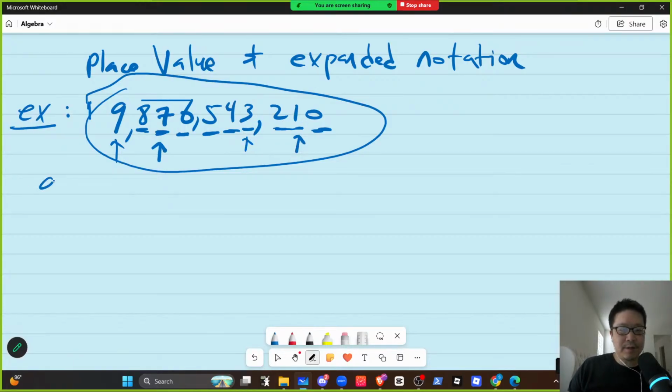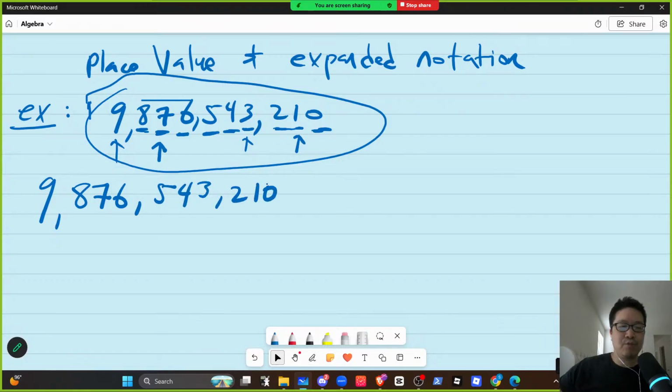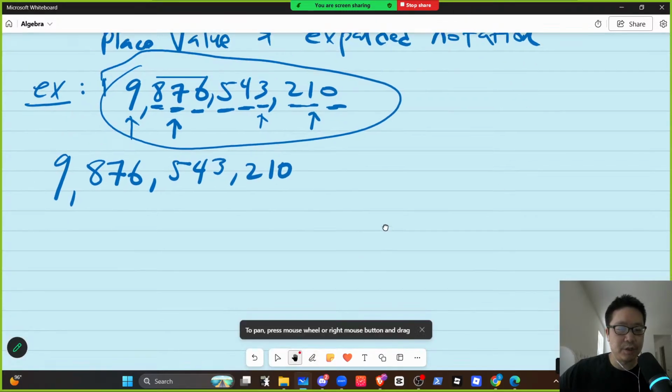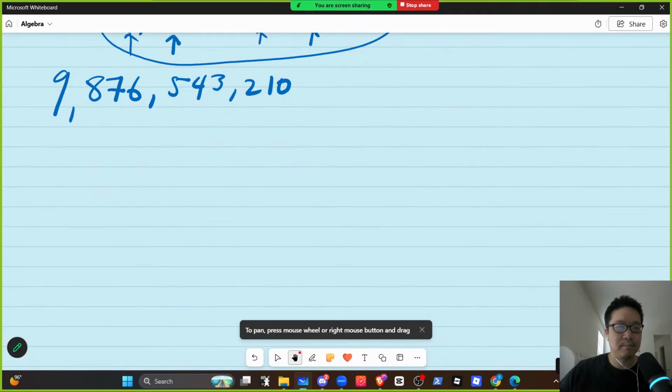And so here's the same number. I'm just going to write it one more time. How would we write this number in expanded notation? I'm going to start with the 9. And what do I multiply that by? 1 billion.